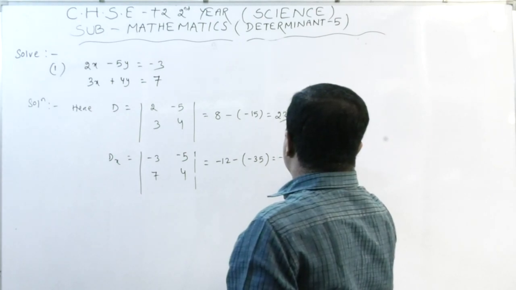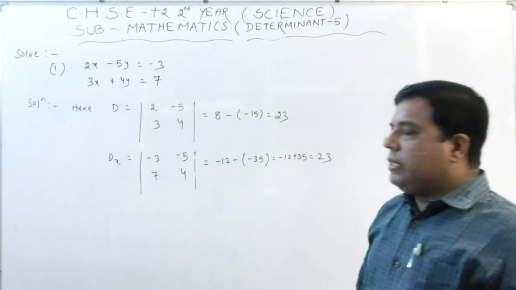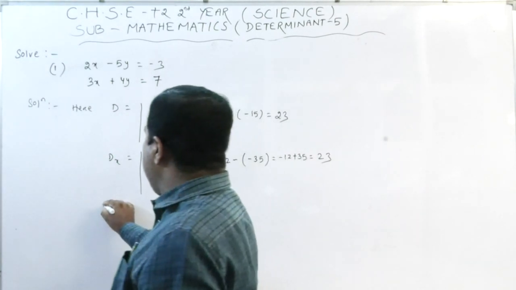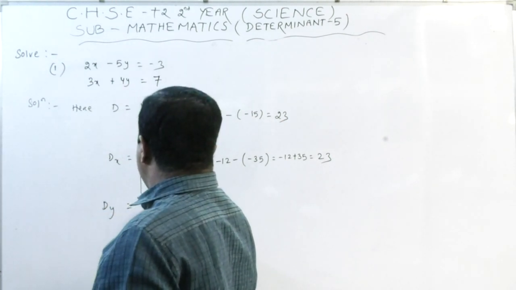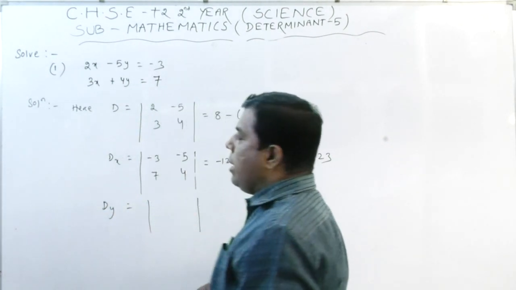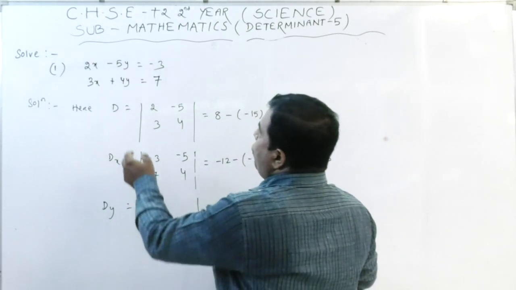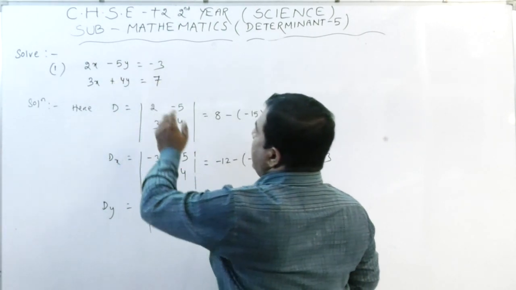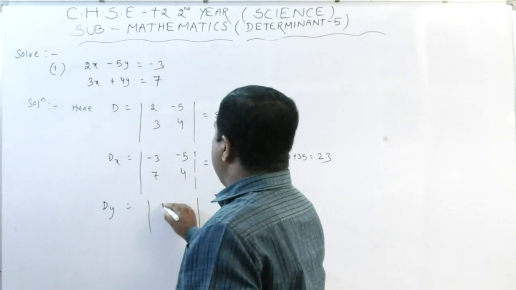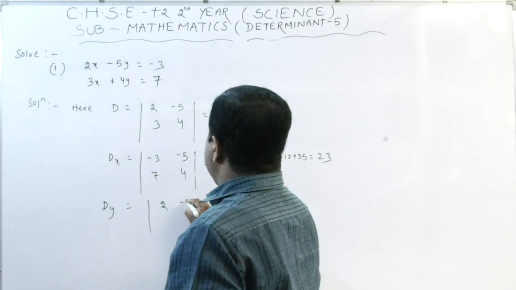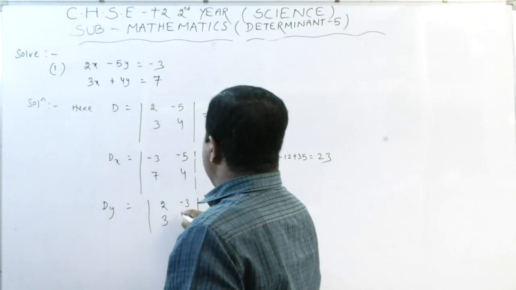that is 23. Okay dear students, now we have to find dy. What is our dy? It is the determinant obtained by replacing the coefficients of y by the right side values, and it is in this form 2, minus 3 and 3, 7.